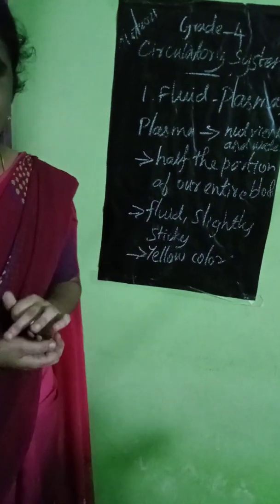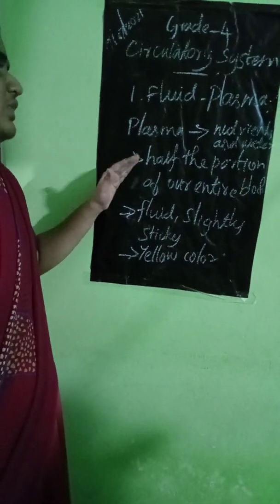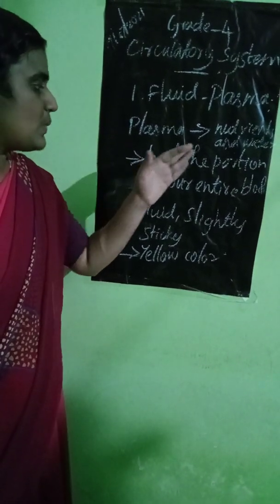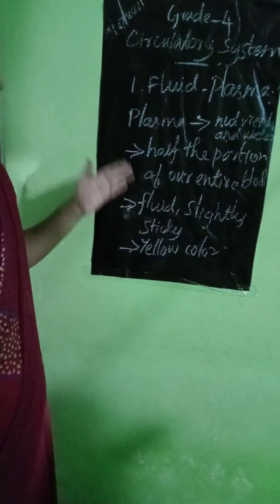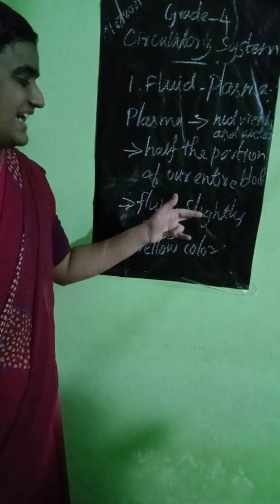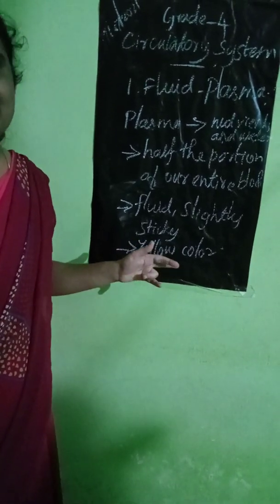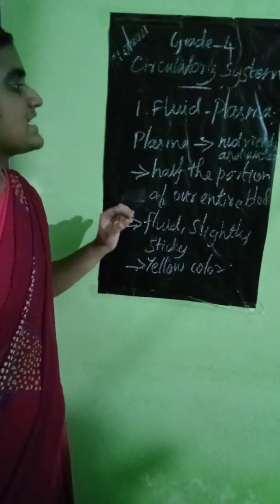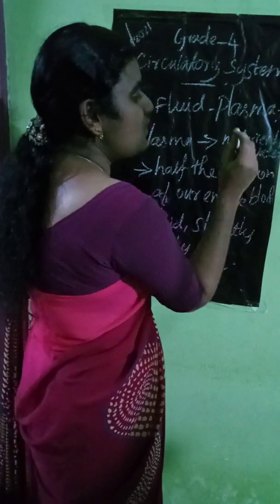So the plasma is more than half the portion of our entire blood. It is a fluid, slightly sticky, and yellow in color. And this plasma is responsible for the transport of nutrients and water.